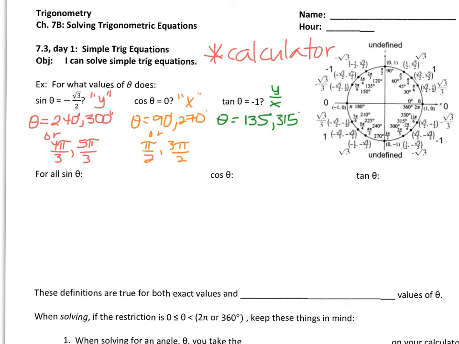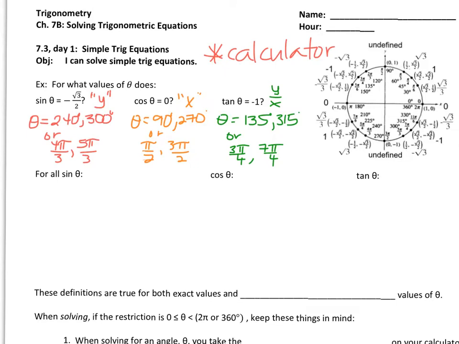And then the radian version for that would be 3 pi over 4 and 7 pi over 4. So anything that we work with using sine, cosine, or tangent always is going to have two answers, unless it's one of the coordinates on the boundary or on one of the quadrants, like 1, 0 or 0, 1.